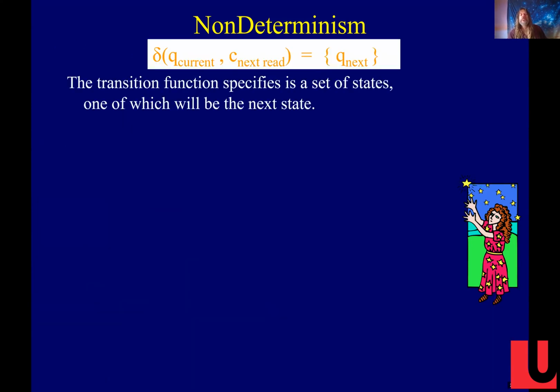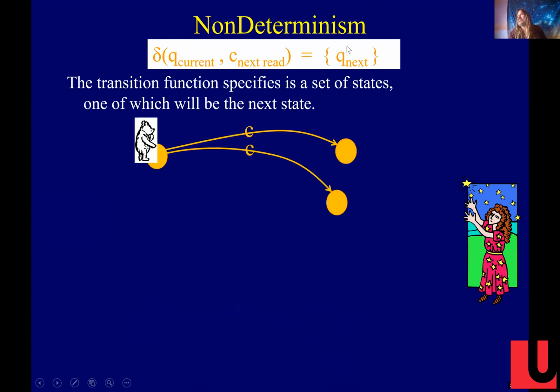All right. So how do we model this? We have a delta transition that says if I'm in a current state and I read some next character, normally in a deterministic one there'll be one next state that you go to. But here there's going to be a set of possible states that you get to.